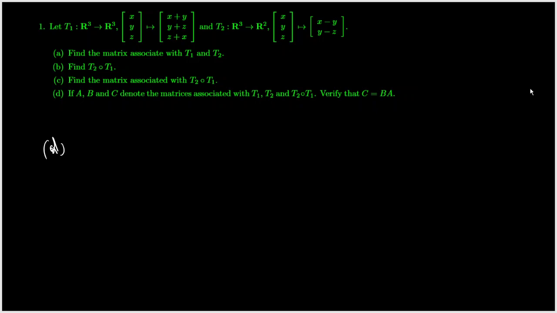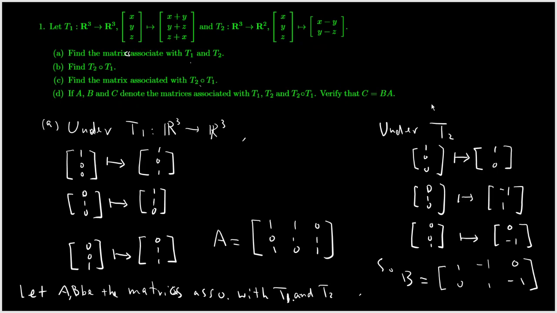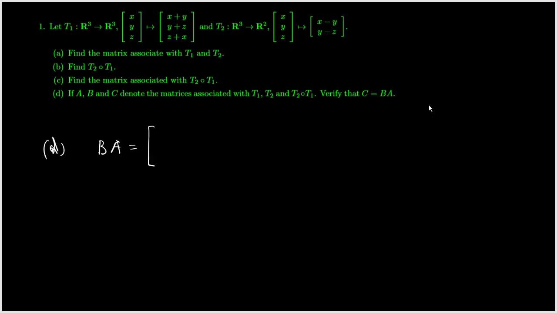By that I mean, I want you to actually compute the product of B and A. In this case, BA, you copy B, you copy A. I think on the last slide, B is 1, negative 1, 0, 0, 1, negative 1, if I remember correctly. So that's B, right?